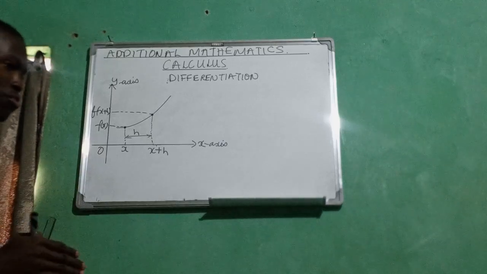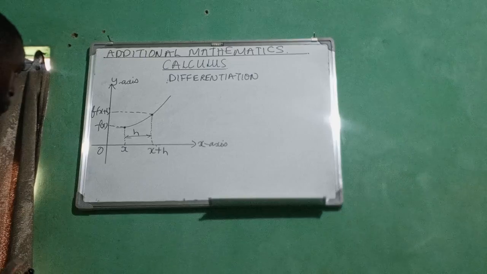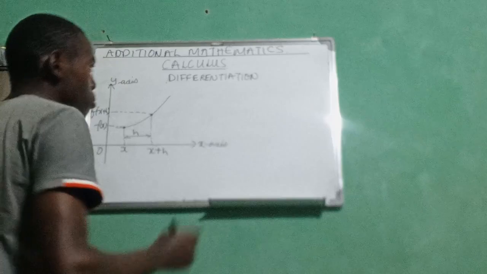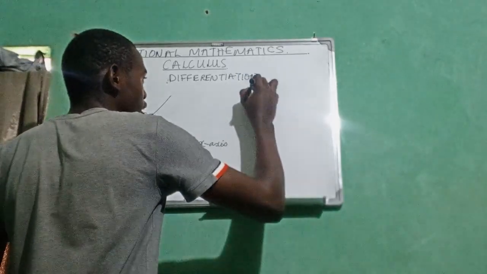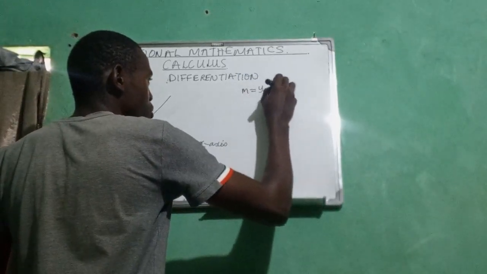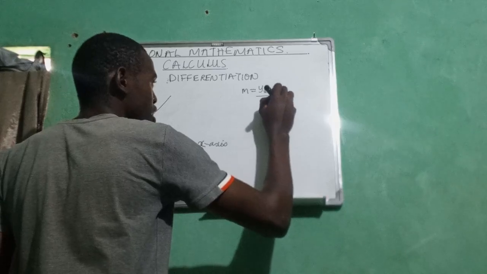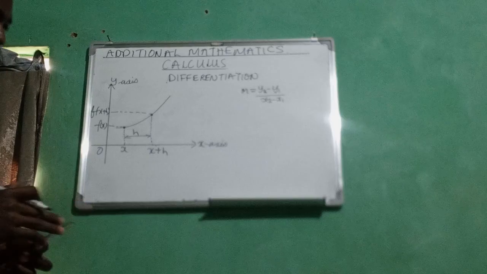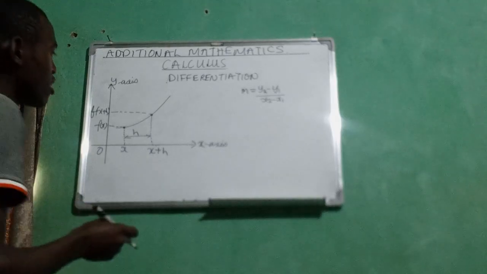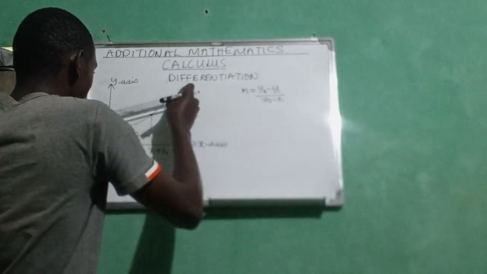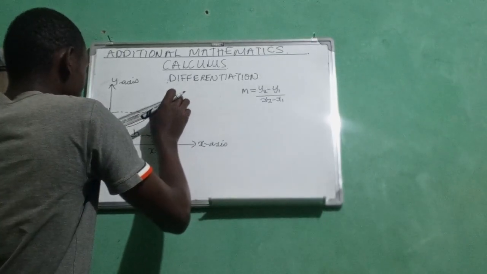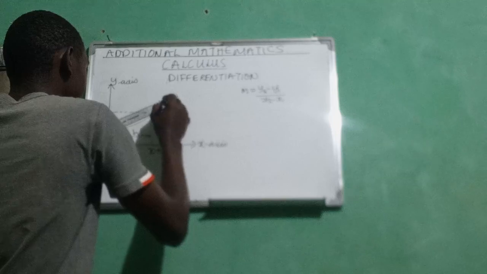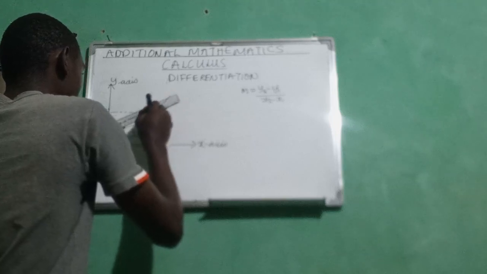So if you want to find the gradient function from the first principle, you know your formula, m is equal to y2 minus y1 over x2 minus x1. If we draw a secant line, it is just a line that is cutting the curve at 2 points. It's called a secant line.